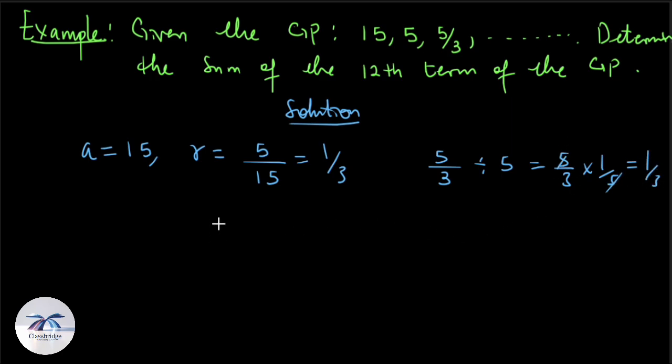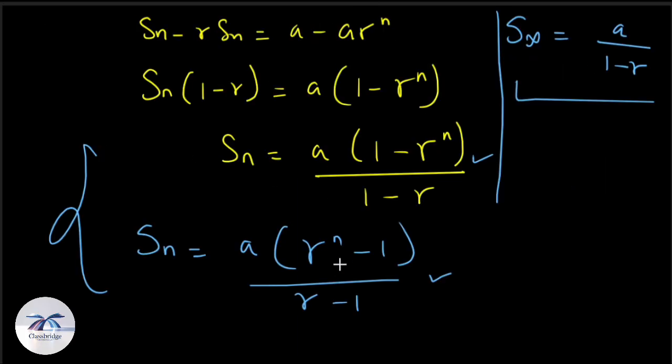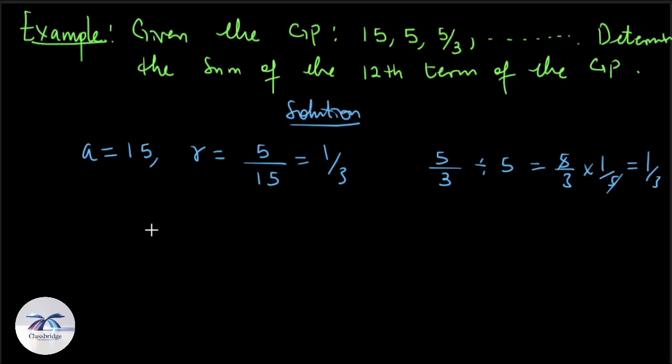Now, you agree with me that r is 1 over 3. So, since r is a number less than 1, which of these formulas do you think we should use? This one. Good. So let's go back to the question. Our Sn is A into 1 minus r raised to power n over 1 minus r.